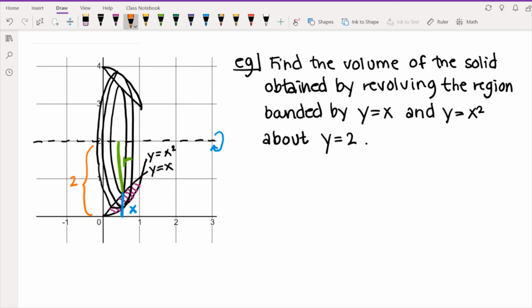And so similarly to what we did in the other example, we need to do some kind of adding and subtracting. So we can see from this picture that if you take r plus x, that's going to be equal to 2. And so that means that r is equal to 2 minus x.